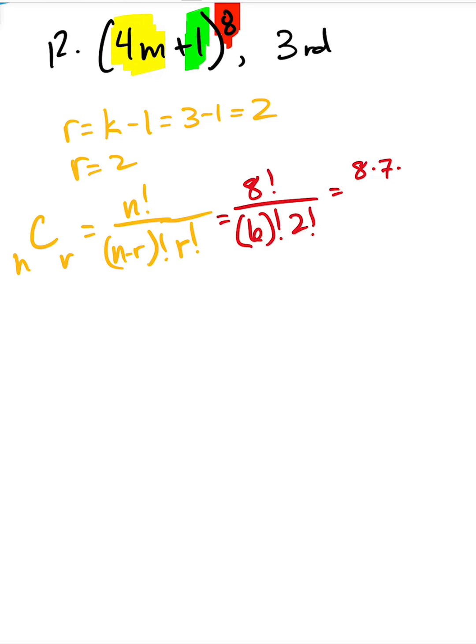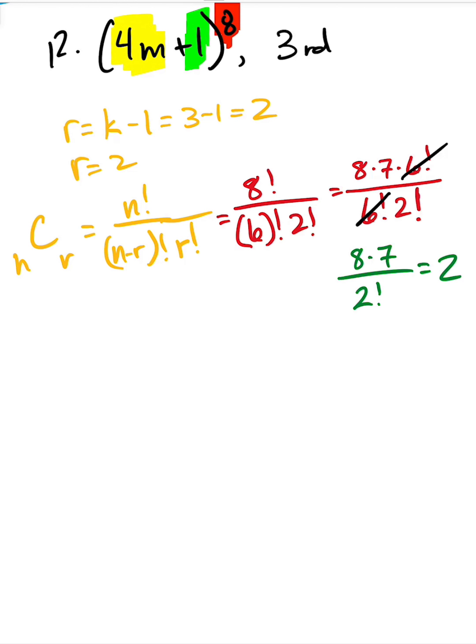So 8 times 7 times 6 factorial, and again I stopped there because I notice in my denominator I have a 6 factorial, so I can cancel that out right away, save some time. So I end up with 8 times 7 divided by 2 factorial, right? Okay, so that's going to give me 28 once I simplify everything. So that is what my n choose r is, right?